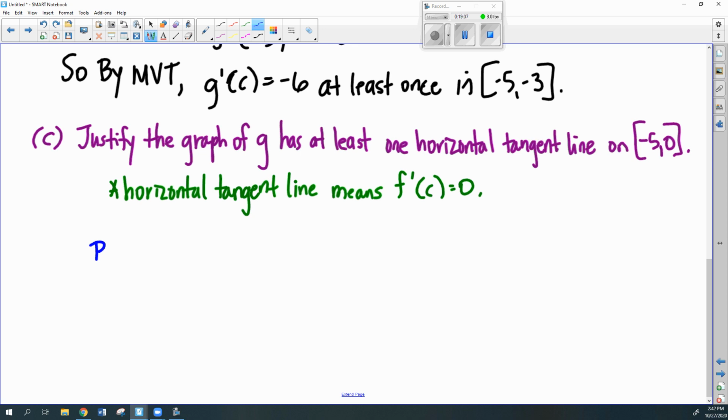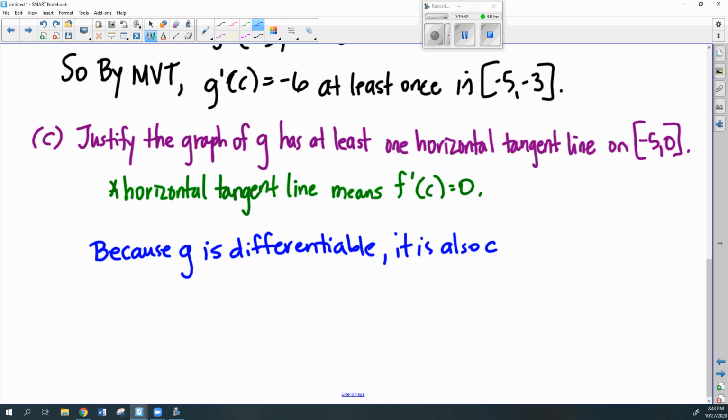All right, so you have to restate that because G is differentiable, we know that it's continuous, and I'm going to write it a little bit different than I did last time. I'm just going to say, so MVT applies. All right, and I need to prove, all right, that I do have a difference quotient.